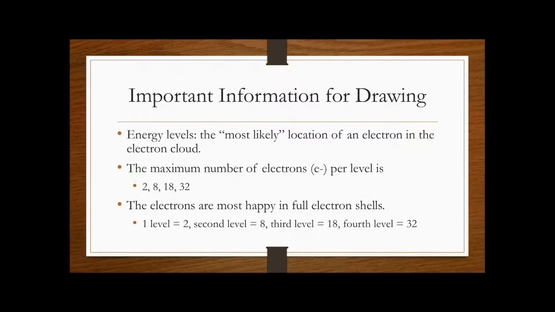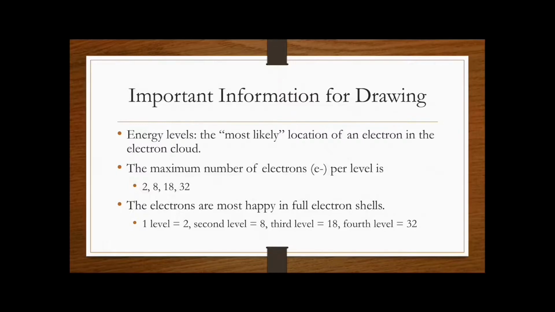This is the most likely location of the electron in the electron cloud. And the max number of electrons in each level is stated below. So the first level will have 2, the second will have 8, third 18, and fourth 32.